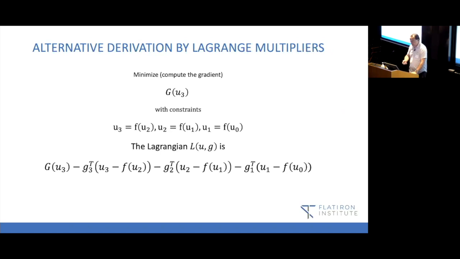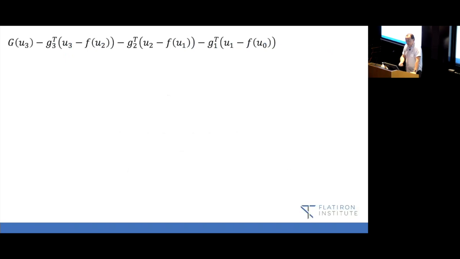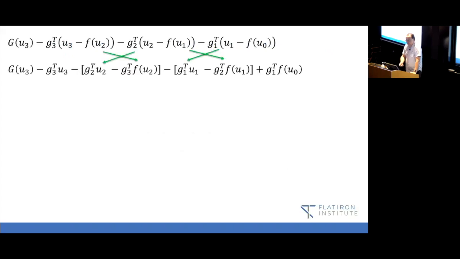Okay, so this is elementary calculus 2 here. We write out the Lagrangian. There it is. We just reorganize terms. This corresponds to summation by parts. I just reorganized the terms so that I have the U2s together and then the U1s together, so taking the derivatives will be a little more straightforward.